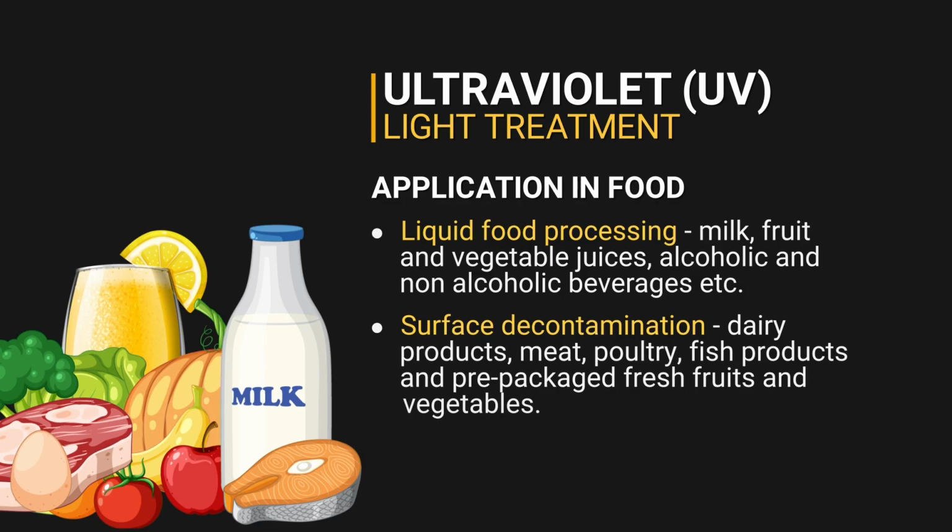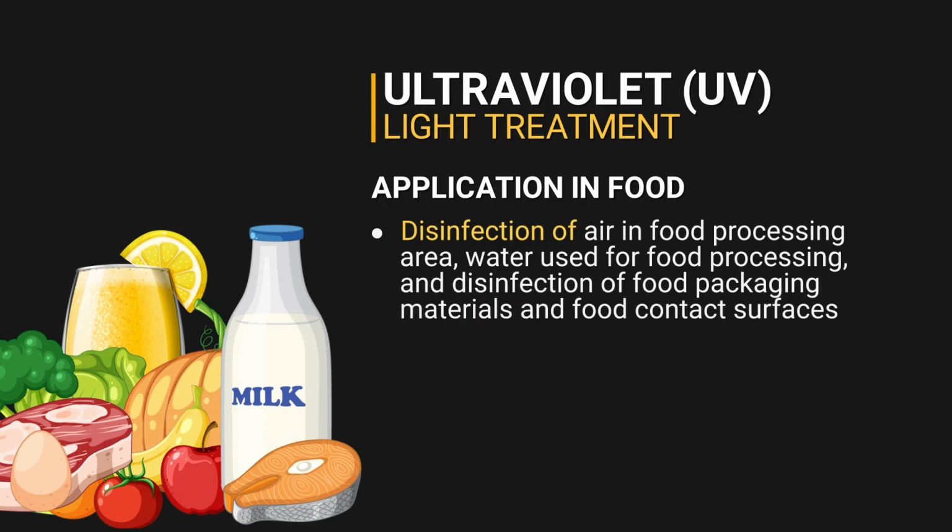Within this range, there could be UV type A, type B, type C. Out of this, UVC is prominently germicidal or microbicidal. It is applied to the food because it damages the DNA of the microbes and thereby inhibits their growth. That's how it is applied for shelf life extension of the food material.